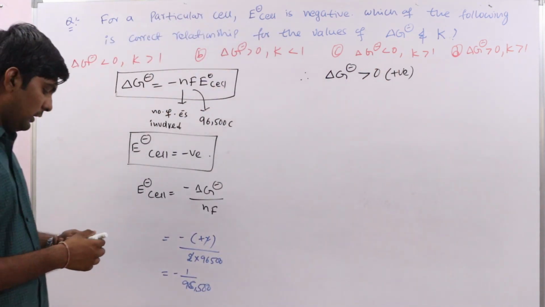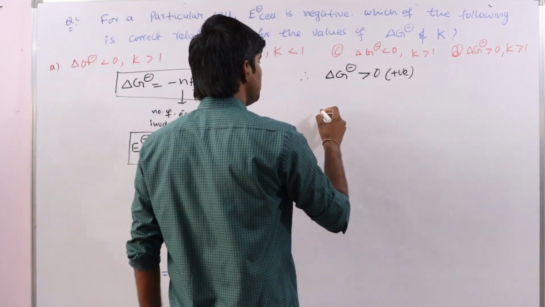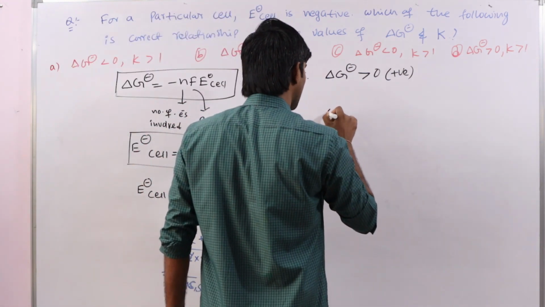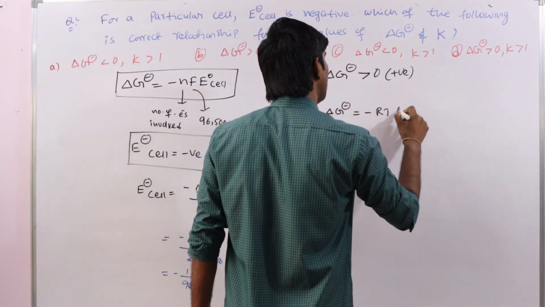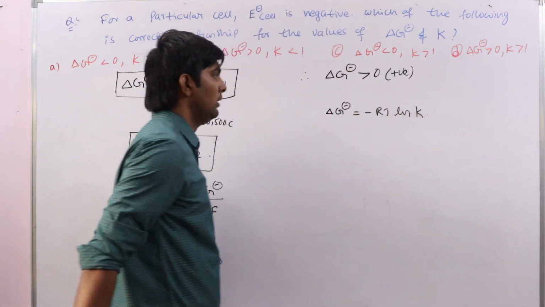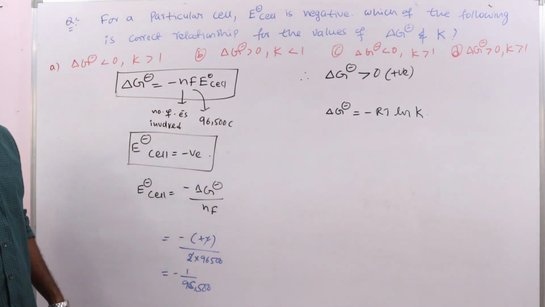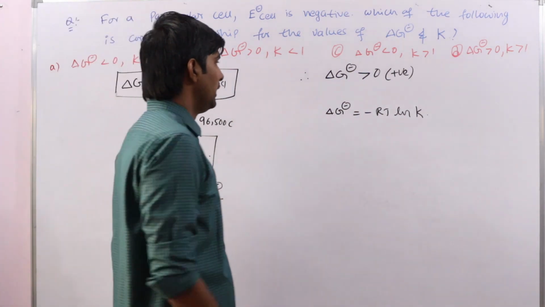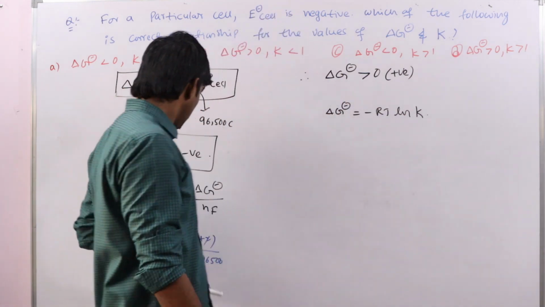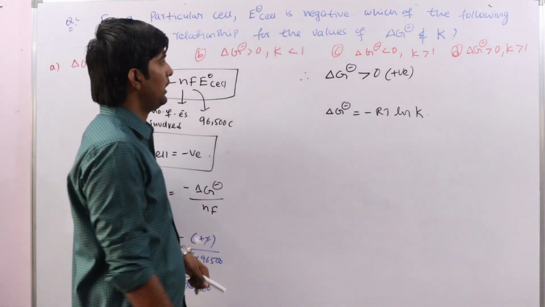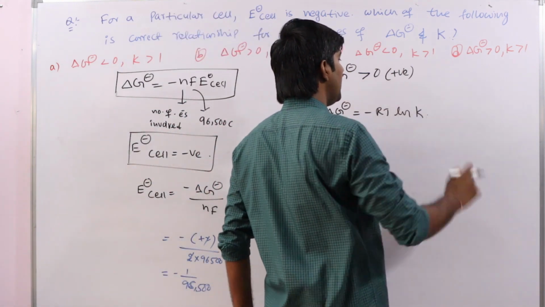Clear? Next, we also know that delta G naught is equal to minus RT ln K. From this it is confirmed that delta G naught is greater than 0.